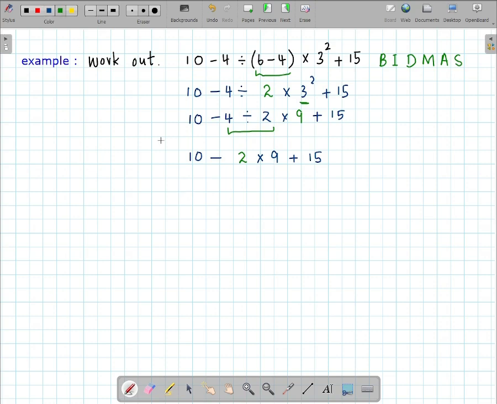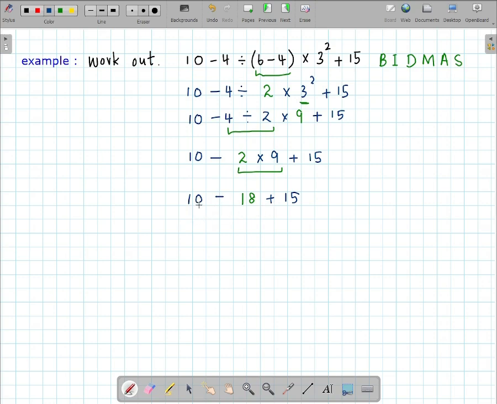Now according to BIDMAS, we have multiplication. So others I have to continue writing. 10 subtract 2 times 9, 18, and 15. Now we have only addition and subtraction, so you can do from left.